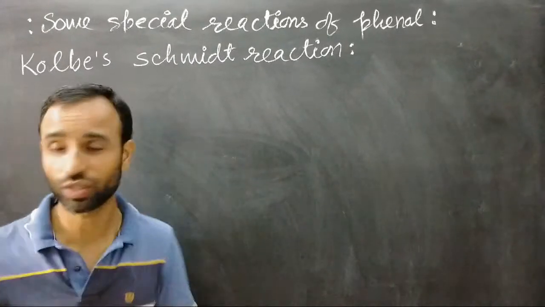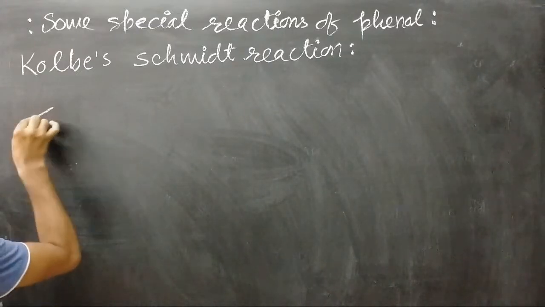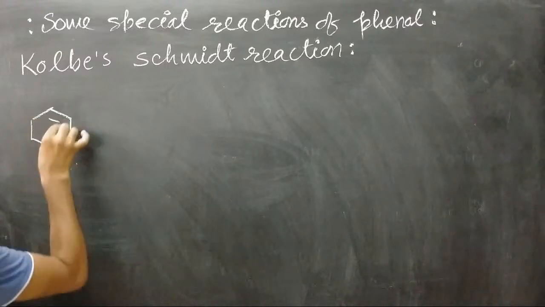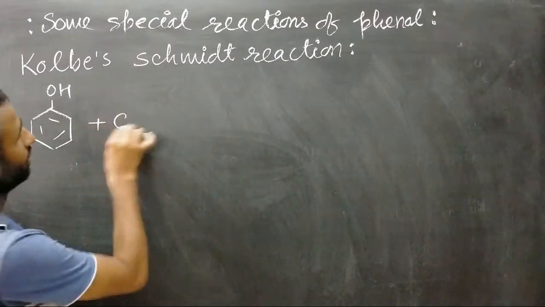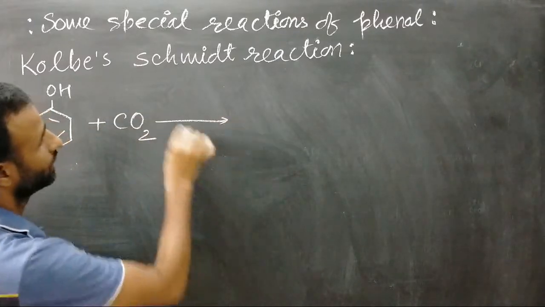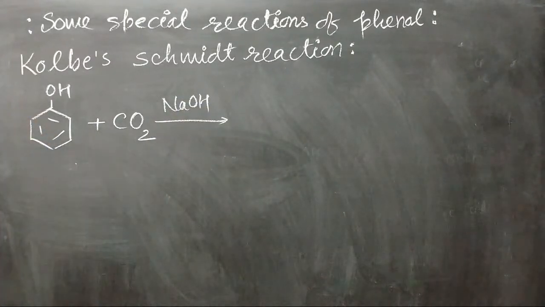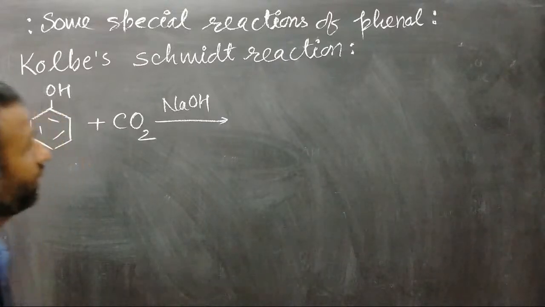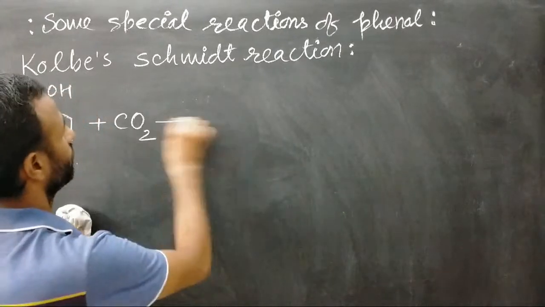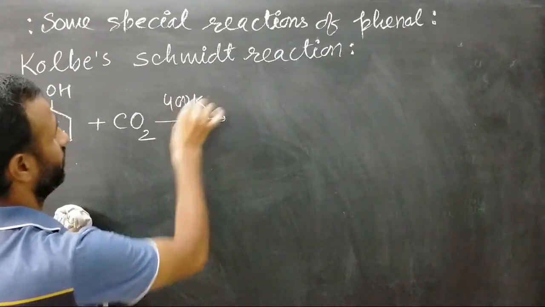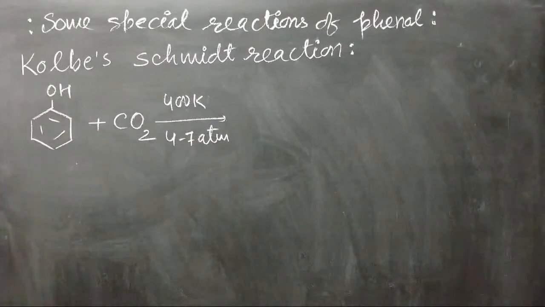But let us focus on the next question, that is Kolbe's reaction. So in this reaction, phenol reacts with CO2 in again basic medium, okay, at 400 Kelvin and 4 to 7 atmosphere pressure.